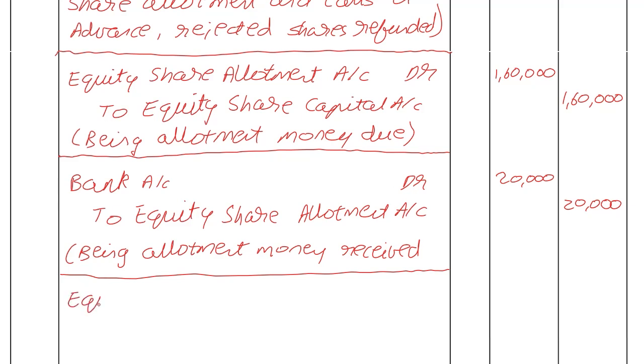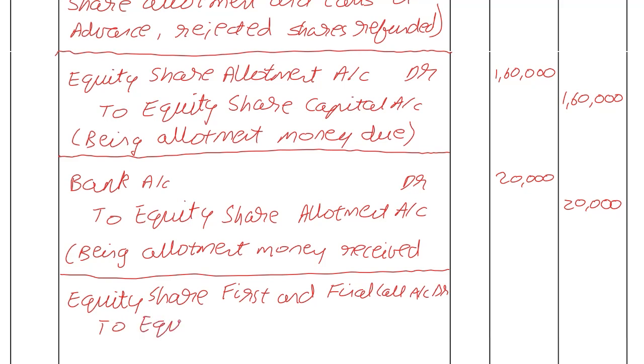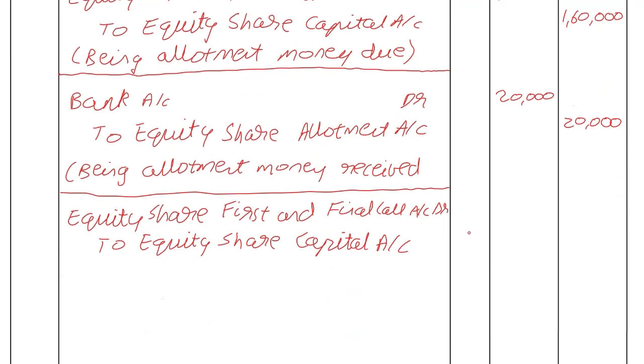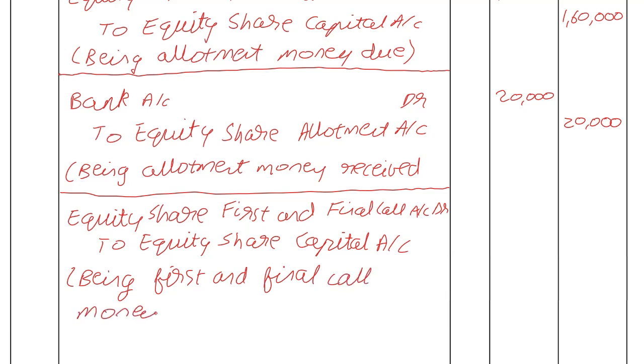So it will be equity share first and final call account debit to equity share capital account, being first and final call money due.